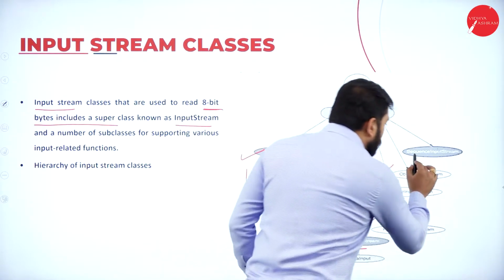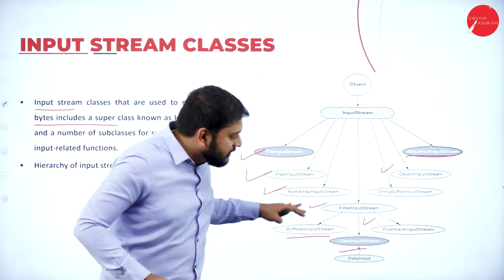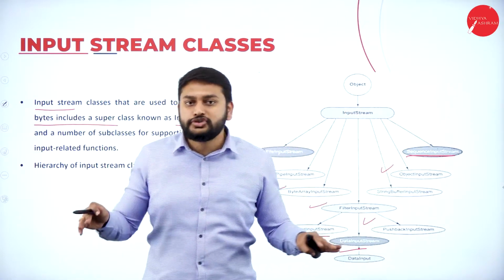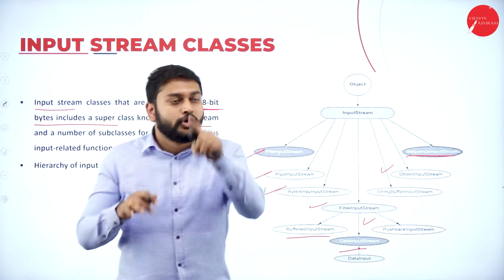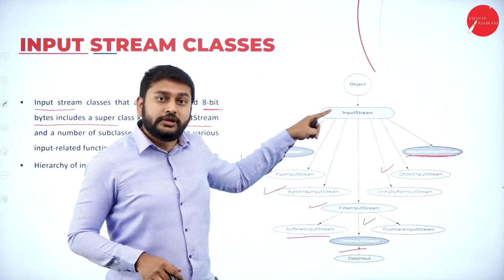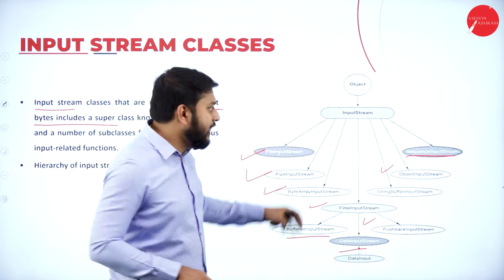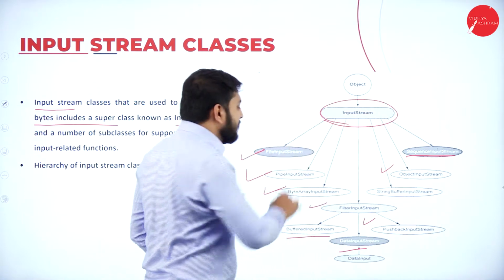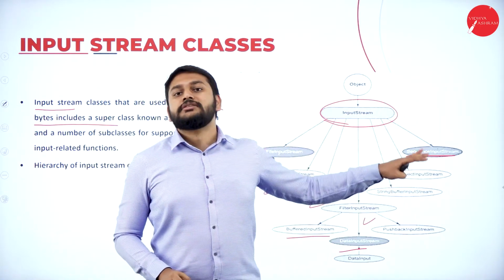Lastly, sequence input stream. All these things belong to the class called input stream. In this scenario, treat input stream as a base class and all these things as subclasses.